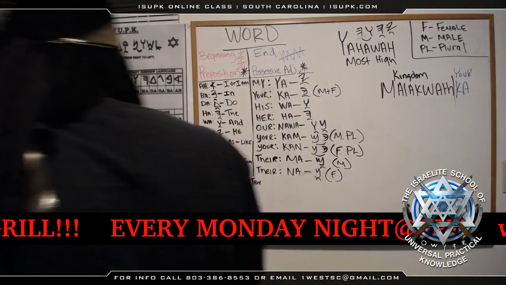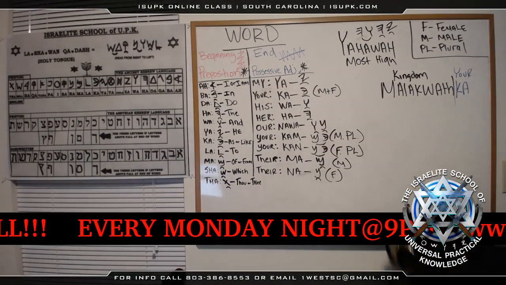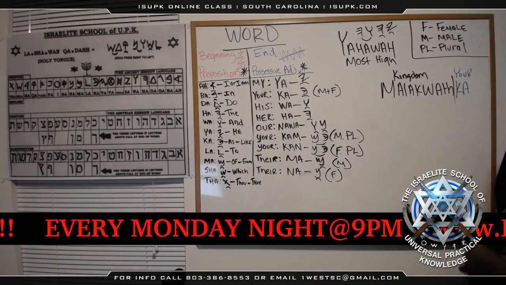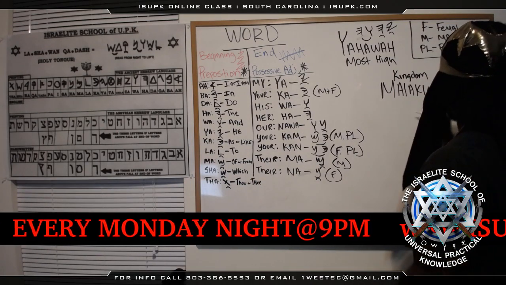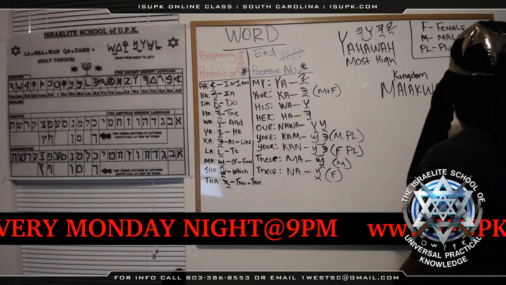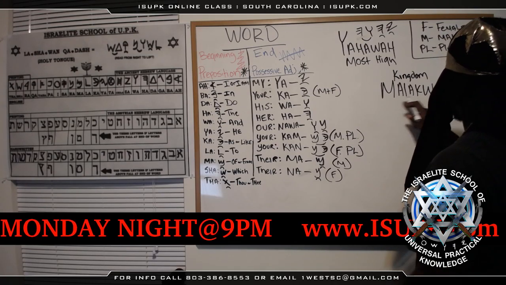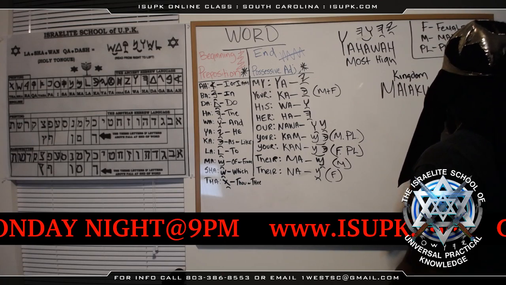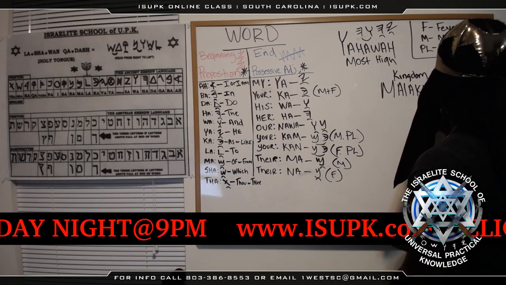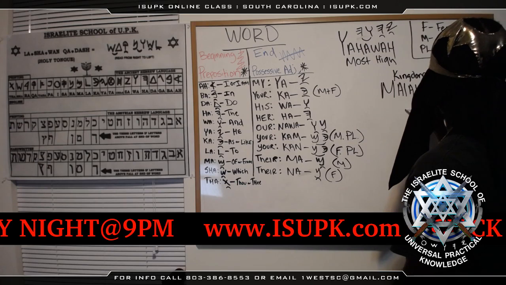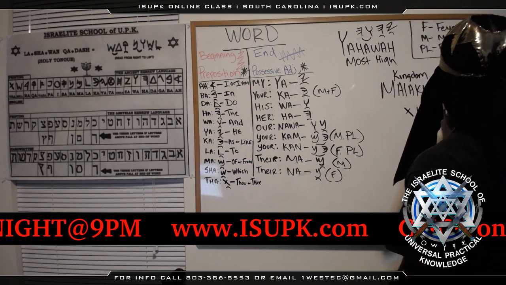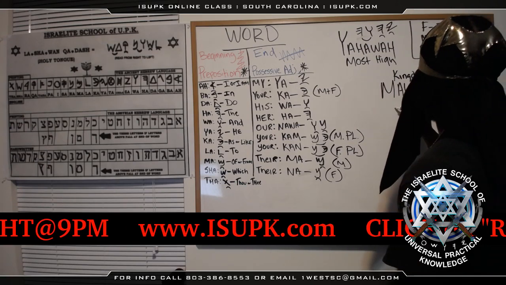And if you wanted to write it in the Hebrew, it would look like this. It would be Ma, La, Ka, Wa, Ta, and then the Ka at the end.